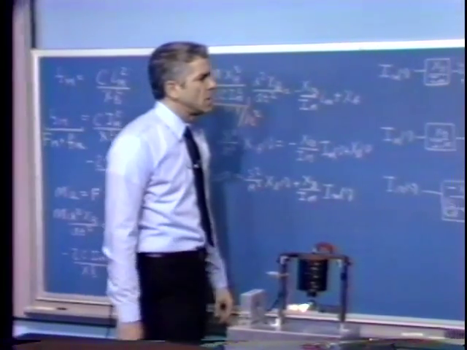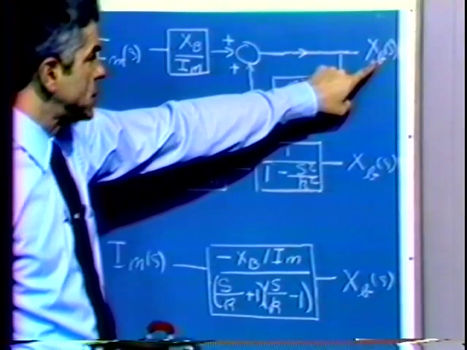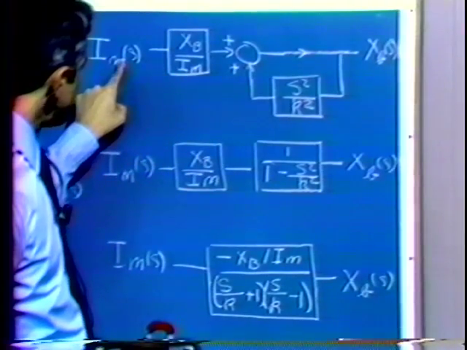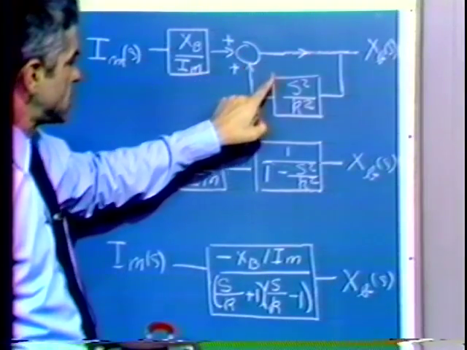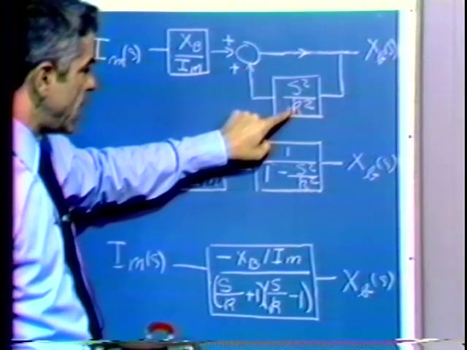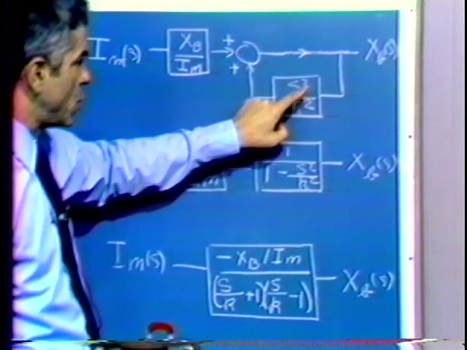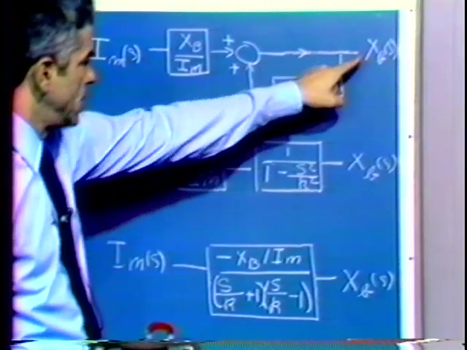So as we construct our block diagram, we're trying to solve for the variable x sub b. That variable is the sum of I sub m multiplied by a coefficient plus s squared over k squared, in other words, the second derivative divided by k squared times x sub b. Those are the two terms that sum to give us x sub b.